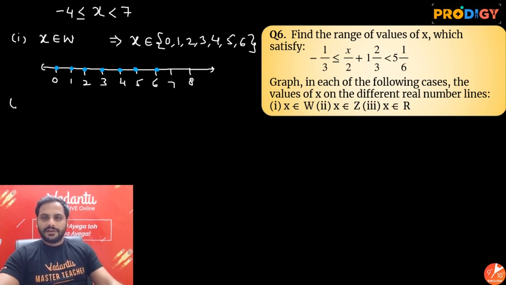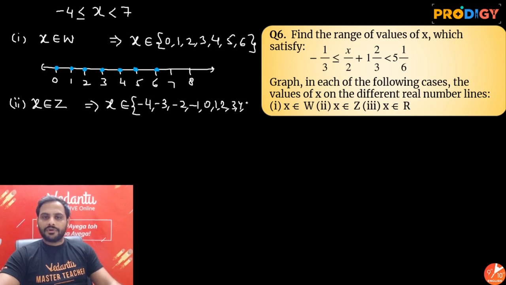Next we have x belongs to integers. So in this case, the values of x possible, I can take the negative values as well. So minus 4, minus 3, minus 2, minus 1, 0, 1, 2, 3, 4, 5 and 6. All these values.